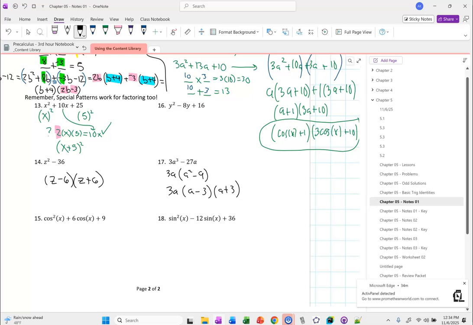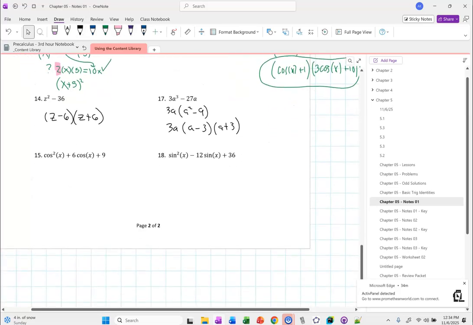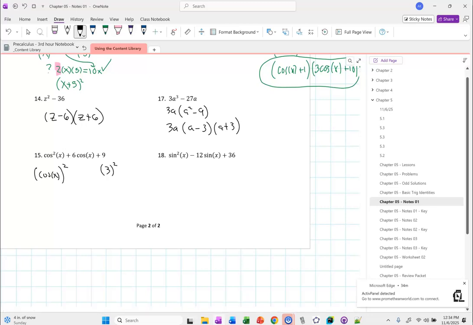Who can do 15 for us? It's got those scary cosines in it. Oh no! Should the cosines matter to us? No. Hopefully what you notice is that the first term is something squared, and the last term is something squared.